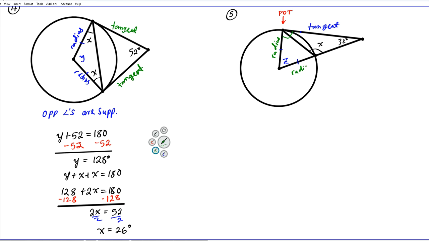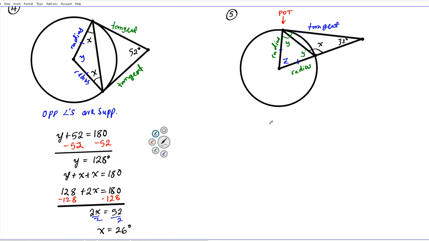So we have an isosceles triangle. So this angle right here we can call y and call this y also. So this is x, y, y, and z. We're going to find z first and then use the idea that it's isosceles to find y. And y is a supplement to x, so we'll find out what x is.